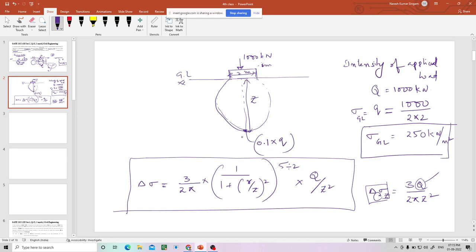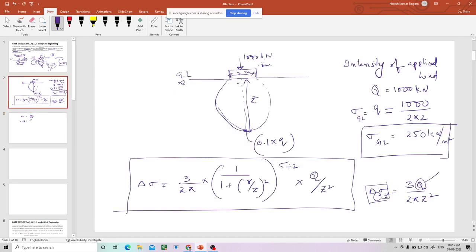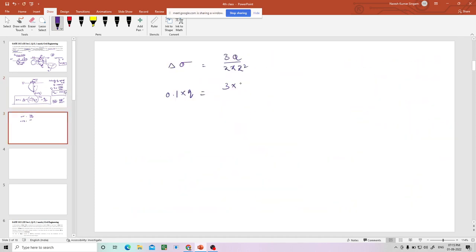So delta sigma equals 3q by 2 pi z square, where delta sigma is 10% of the vertical load intensity, and q is 250.